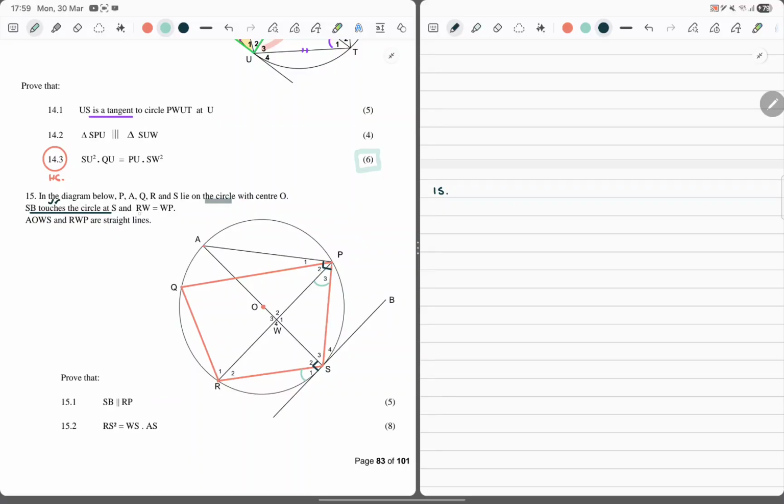We're told RW is equal to WP. This one is equal to that. Now we know, folks, that if a line is drawn from the center to the midpoint of a chord, it is perpendicular to that chord. So we can say safely this is 90 degrees as well. And if this happens, we can see that corresponding angles are equal. So it means these lines must be parallel.